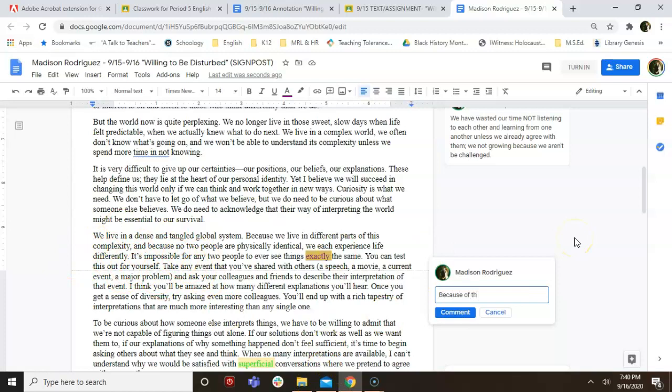So because of the different lived experiences and variety of identities that people hold, no two people can approach the same problem in the same way.